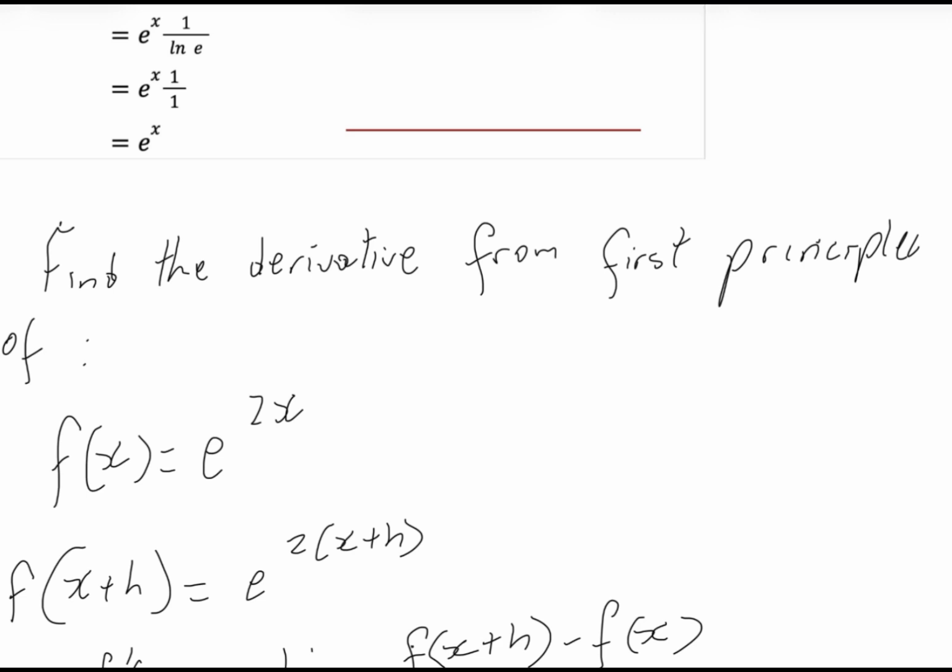So, let's look at an example. Find the derivative from first principles of the function f of x is equal to e to the 2x. Okay, so that's our example.